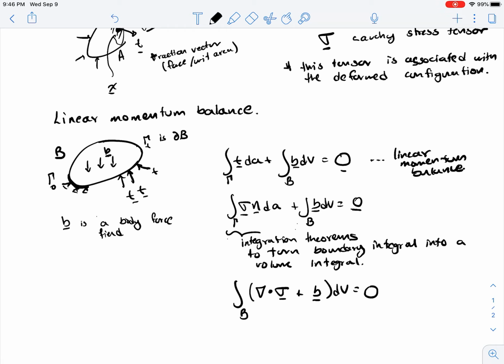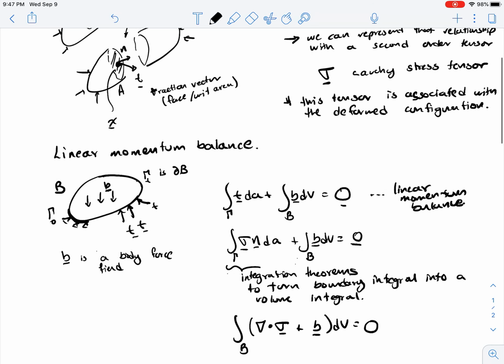And this you could actually do for any sub-region of the material, because you don't have to isolate just the tractions on the outer boundary. You can draw any closed region of the material and do the same, because once you do the free body diagram like we were doing here, you will get the same thing, right?